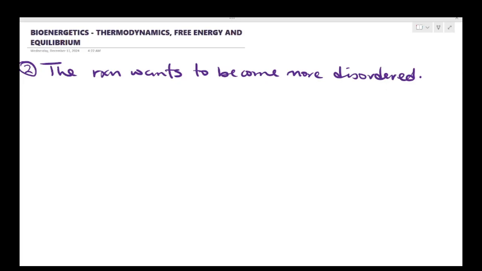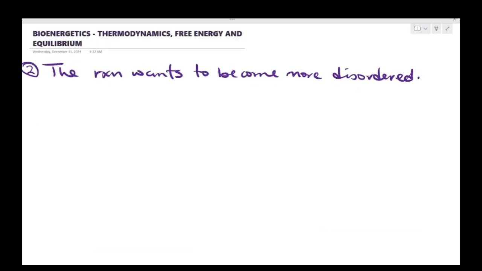Things fall apart. Things do not go from a state of disorder to order without some external help, but things will naturally go from a state of order to disorder without any input or external force. That is the nature of the universe.